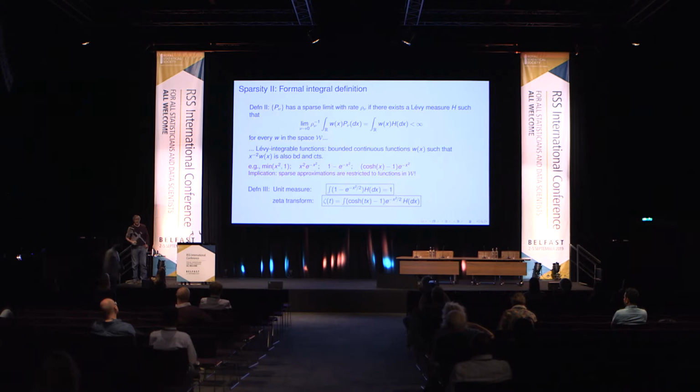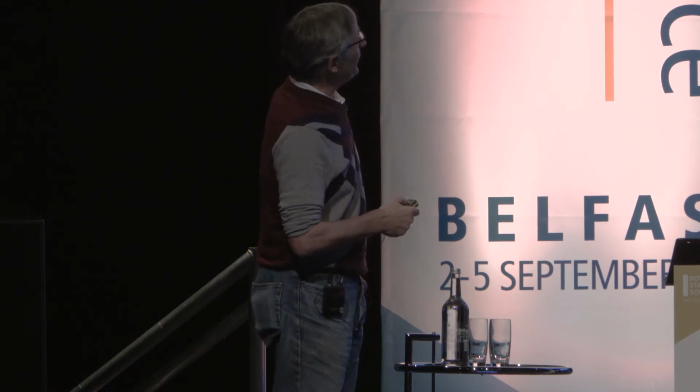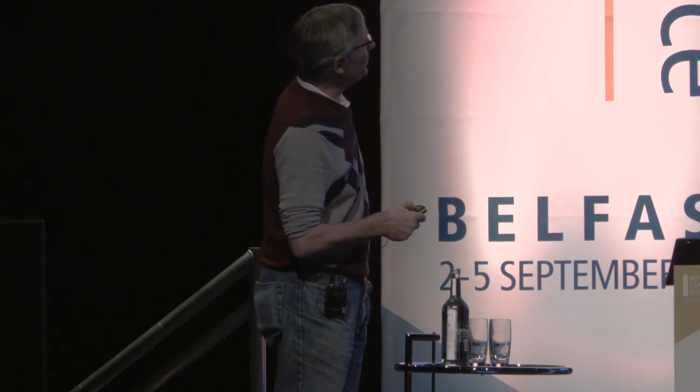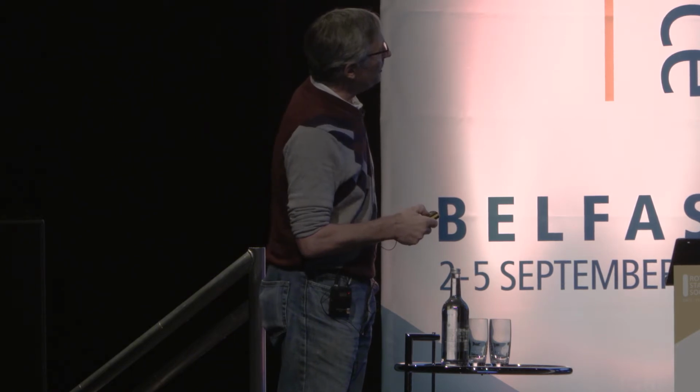This is essentially the same as the past slide, except that I've done things a little bit fancier. But this is the form of the definition that I really want, and it's in the form of a weak convergence of integrals. So the real definition is that I can replace an integral of a function w against p nu by the rate times the integral against h.